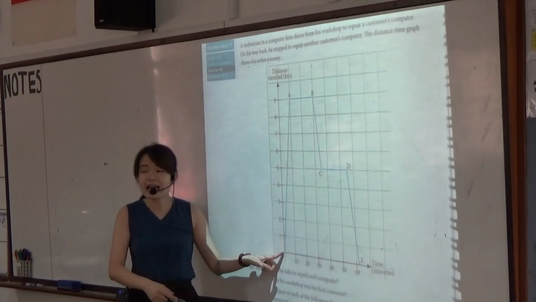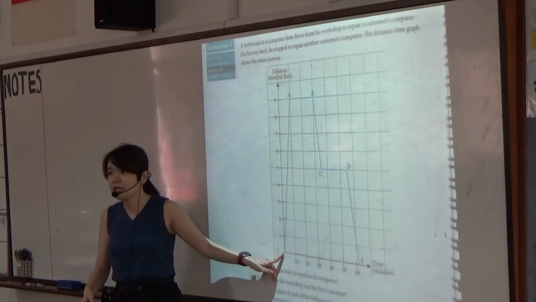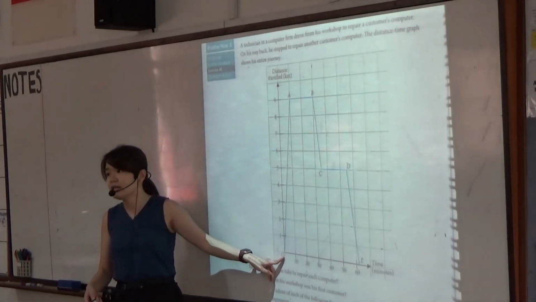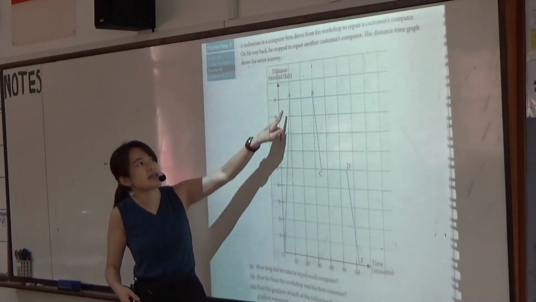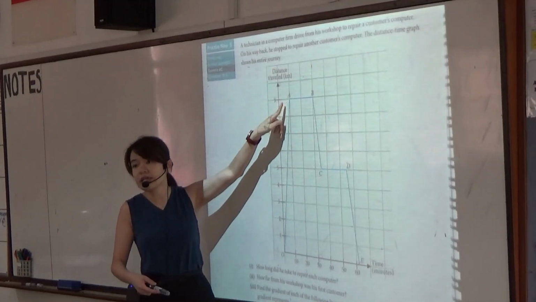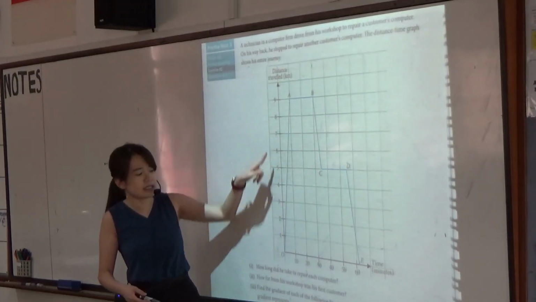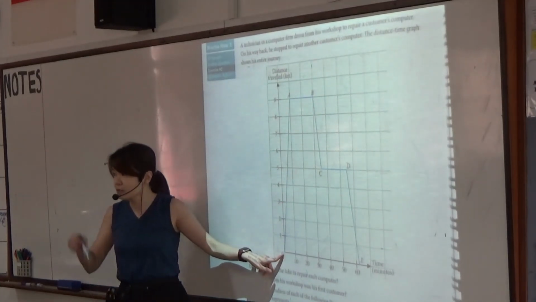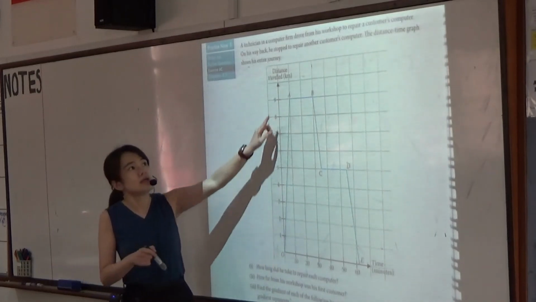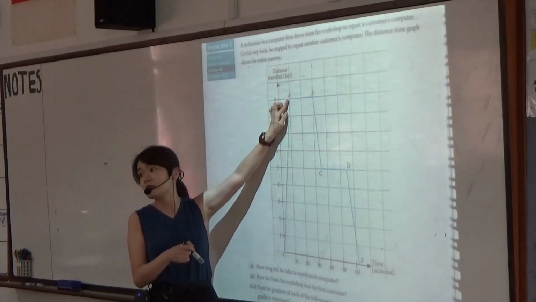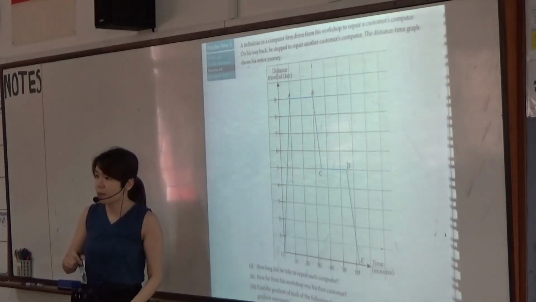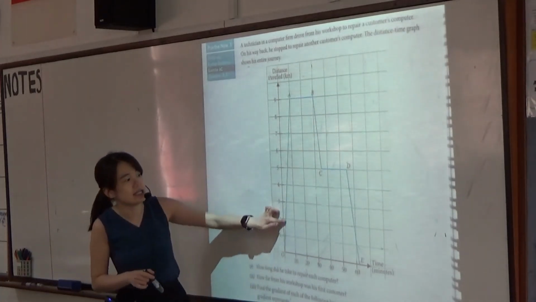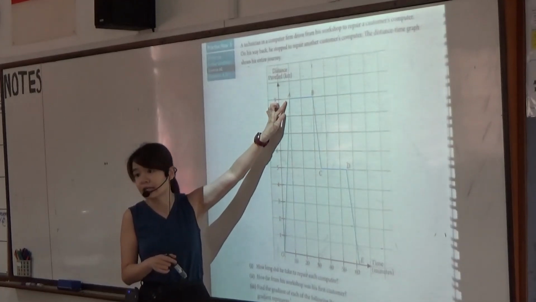So at the start, 0 itself, this particular technician, he moved from where? From the workshop to repair another person's computer. So he actually traveled 9 kilometers from the start point, which is his workshop, to the other person's computer. So it is 9 kilometers away from his workshop. That's how we can understand this path for this line.